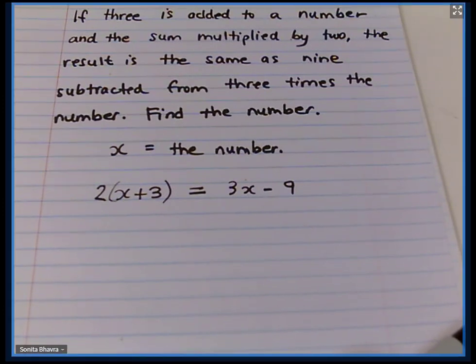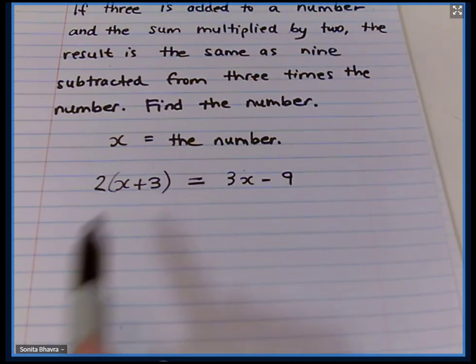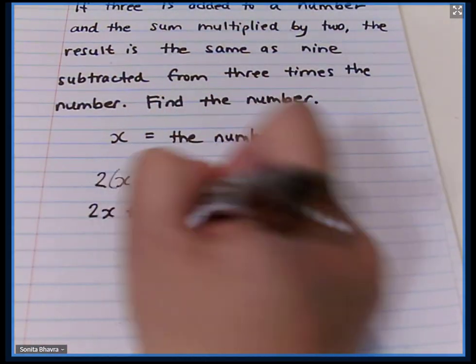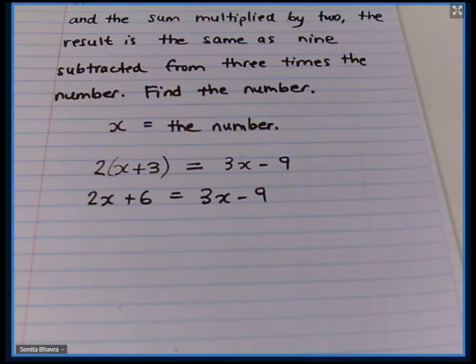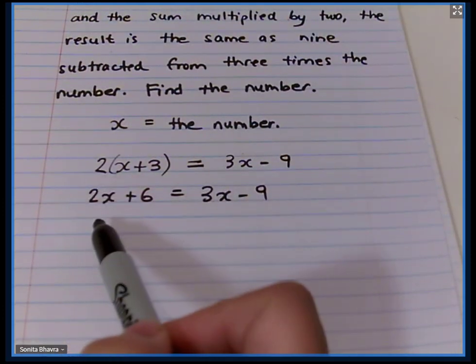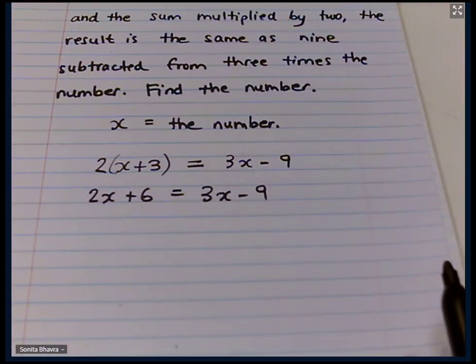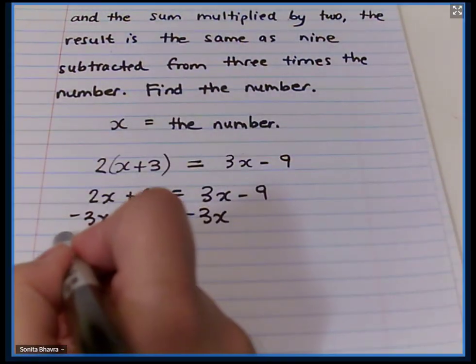And now we just have to work this out to solve for x. First thing you do here is the distributive property. Multiply the 2 with everything inside the bracket, so 2x plus 6 equals 3x minus 9. Now it looks like an equation we can just solve. I'm going to bring the 3x over to this side, or you can bring the 2x over to this side. Either way, you'll get the same answer.